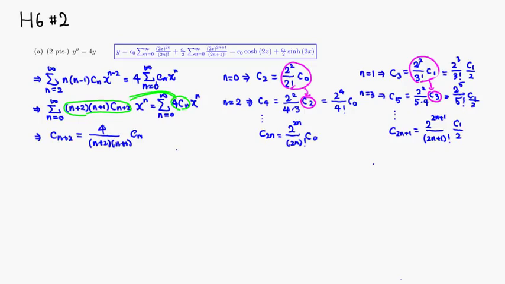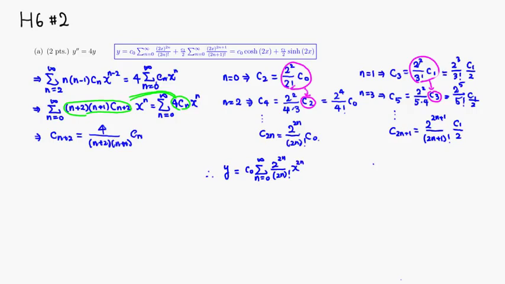Therefore y is equal to the summation, where c0 is just a constant so we put it in front, n goes from 0 to infinity, 2 to the 2n over 2n factorial, x to the 2n.